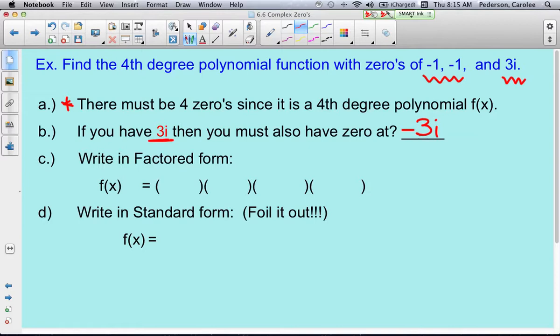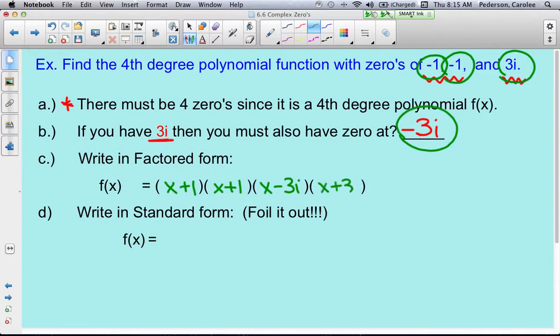So let's take care of the first zero. Well, that is negative 1. So we think opposite, x plus 1. We have another one at x plus 1. We have 3i, so that's x minus 3i, and then we have that last one, x plus 3i.